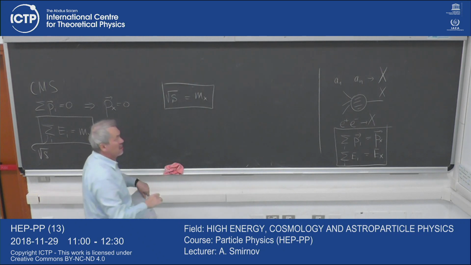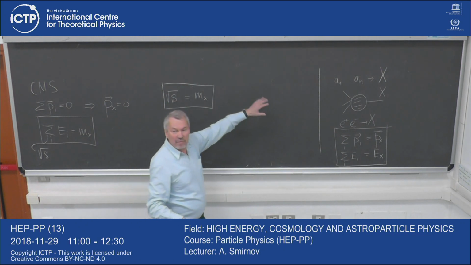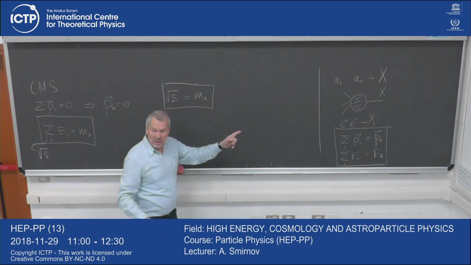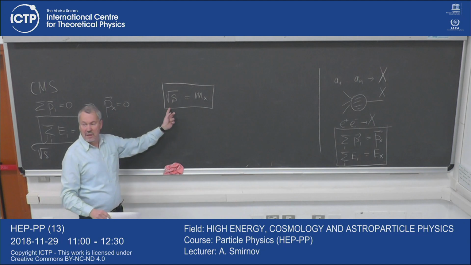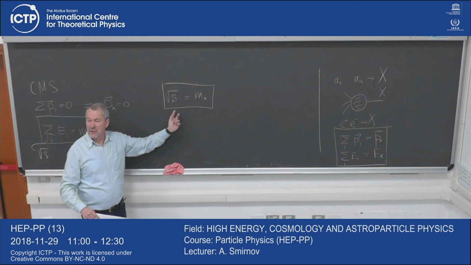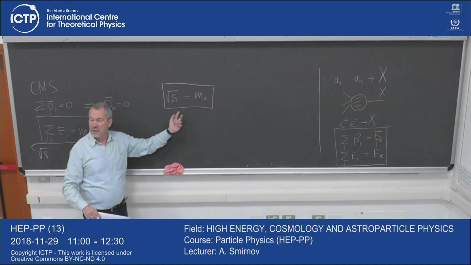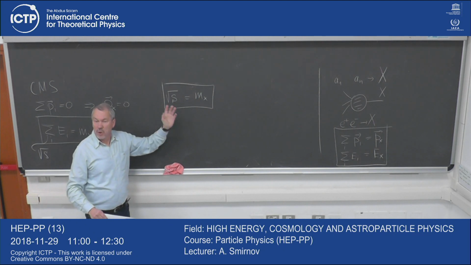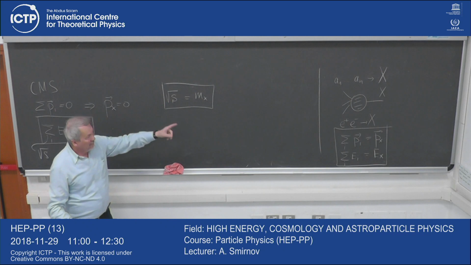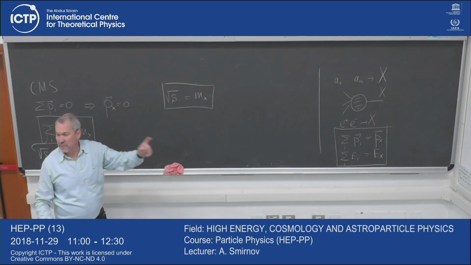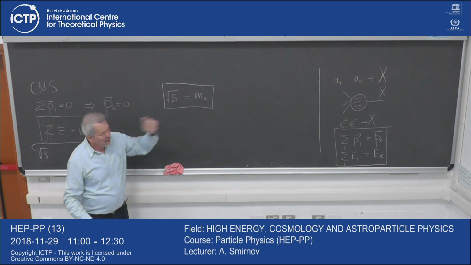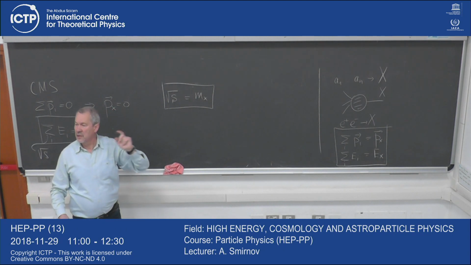So if you have a process in which some number of particles annihilate into a single particle, then the mass of this particle equals the total energy in the center of mass. And this is Lorentz invariant. You can measure it in any system. So once you know that you have a process with production of a single particle in the final state, then the square root of s of the particles in the initial state gives you the mass.